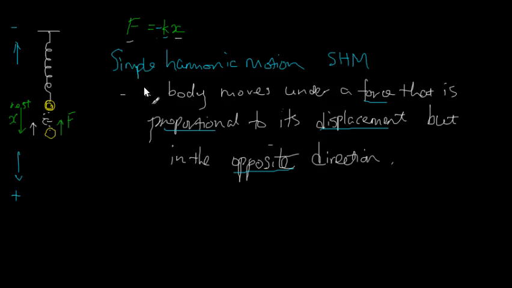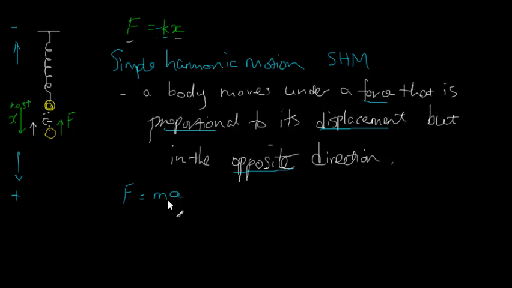Right, what I want to do next is to further rewrite this in terms of the acceleration. We know the relation between force and acceleration, because according to Newton's second law, force is equal to mass times acceleration. So I can replace the F here by ma.